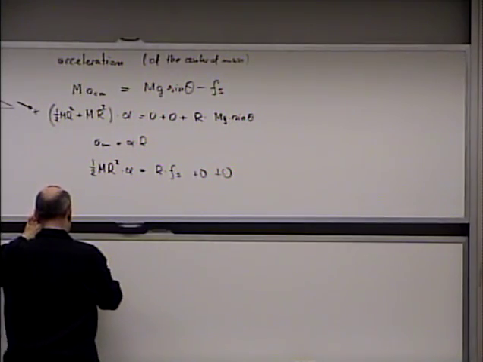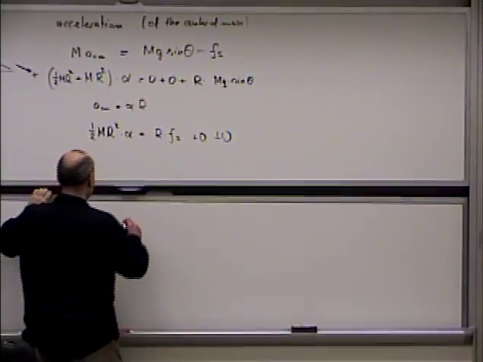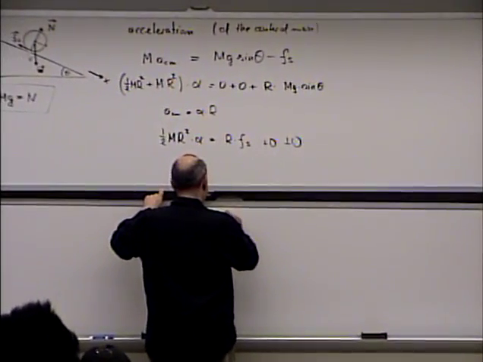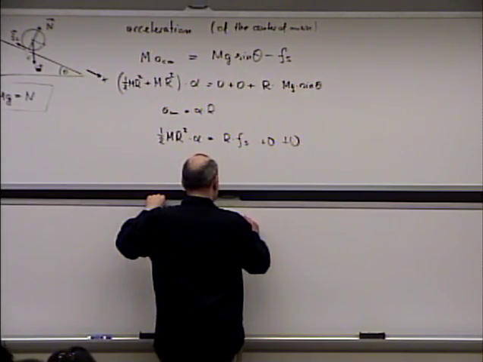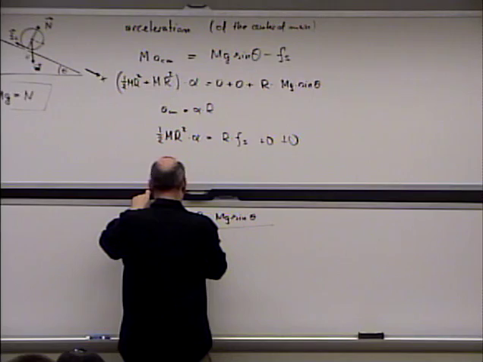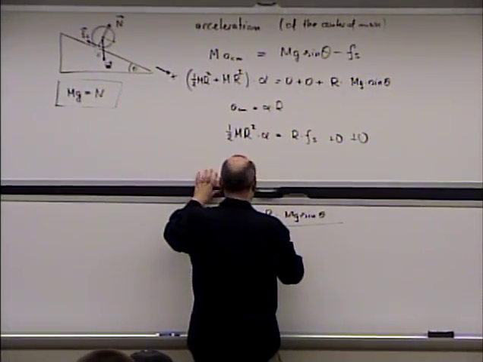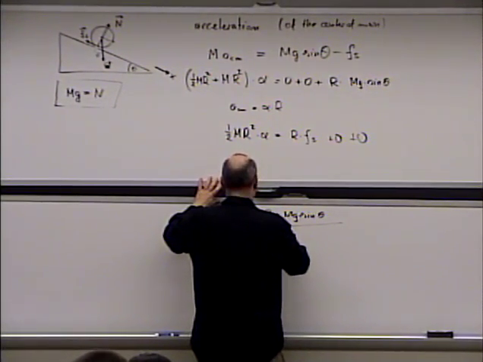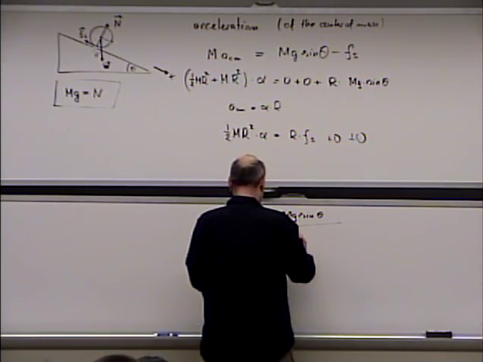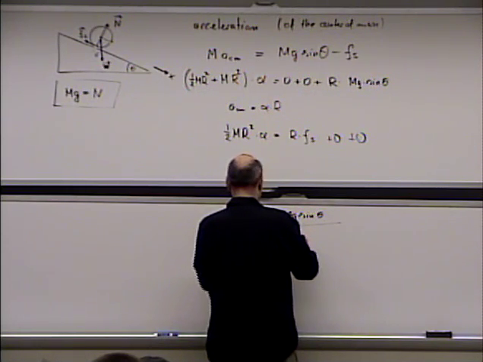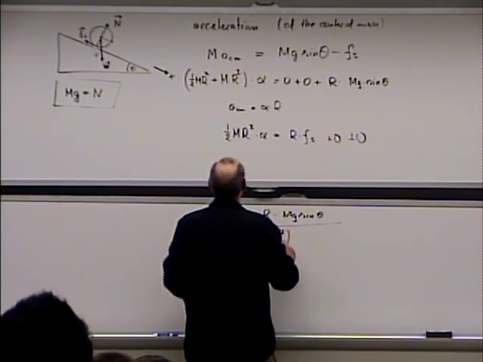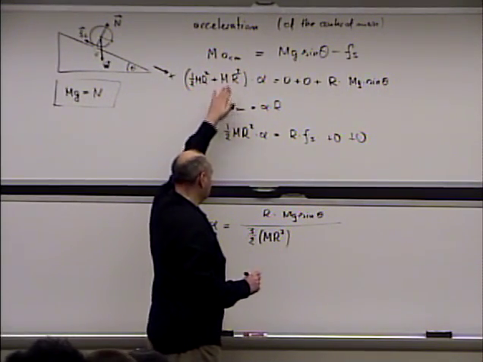All right, so angular acceleration is going to be equal to the radius of the disk times its weight multiplied by sine of the incline, divided by 1/2 mass times square of the radius, and actually it's 3/2. Right, because 1/2 mr squared plus mr squared, so this is 3/2.